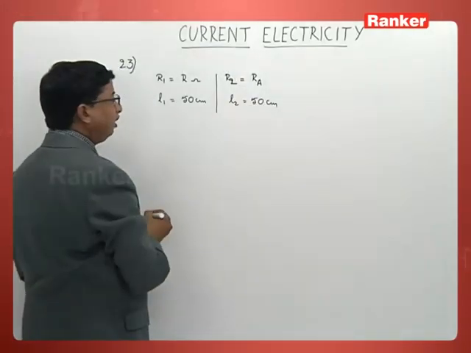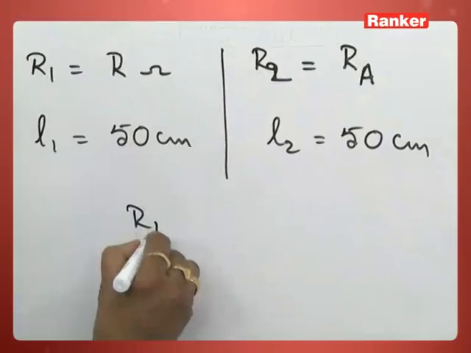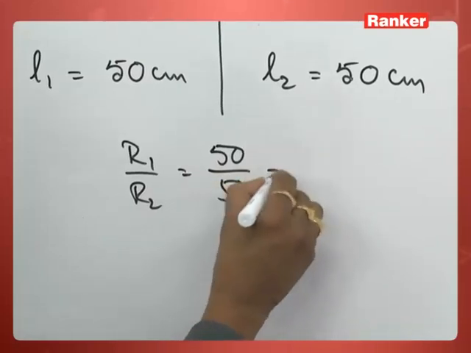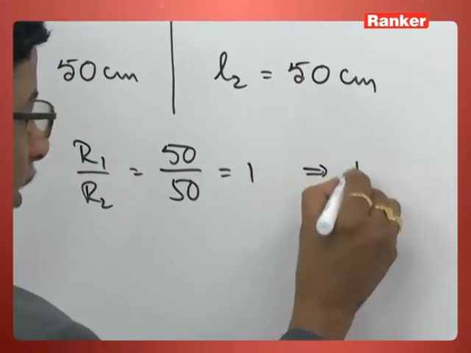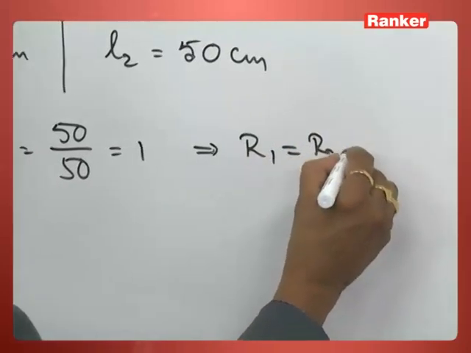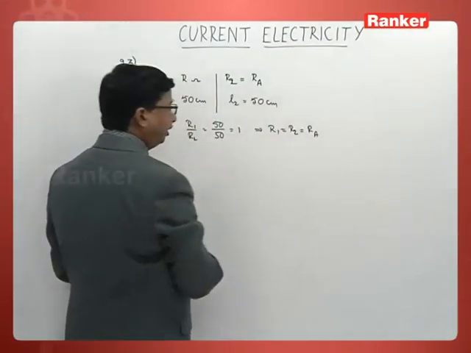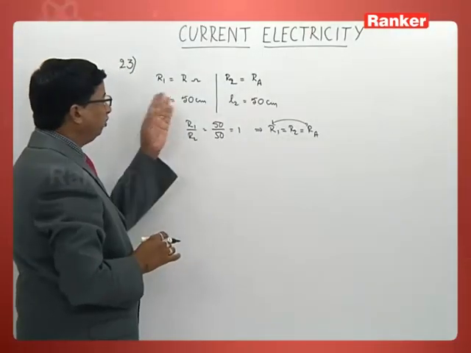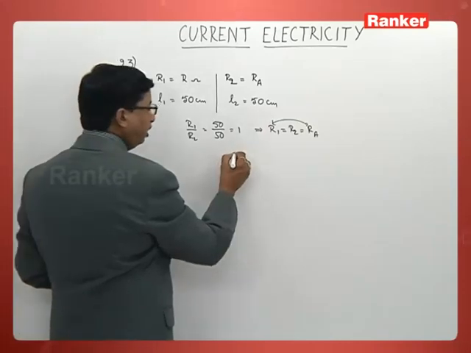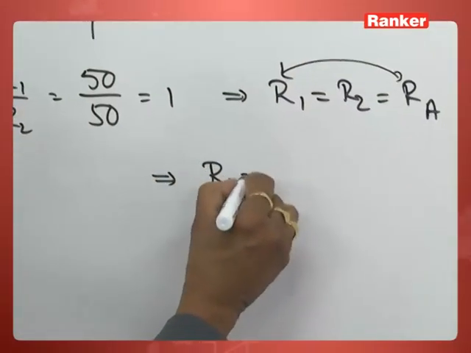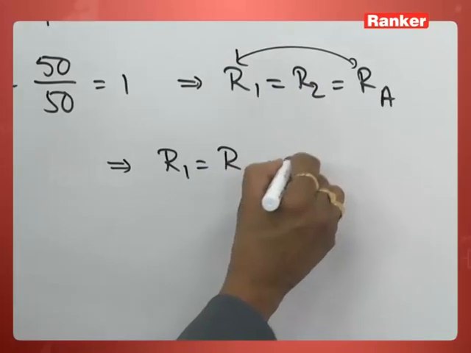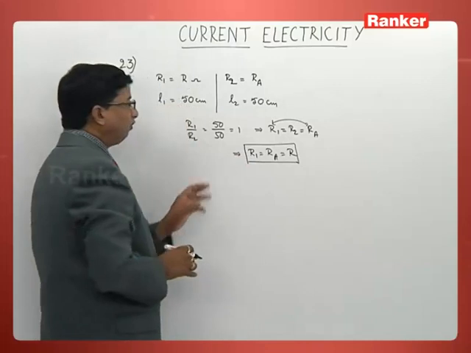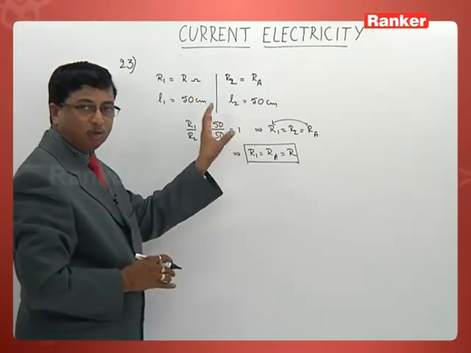Then R1 by R2 is now 50 by 50, which is 1. In other words, R1 is equal to R2 is equal to RA. That means the relation between R and RA is that they are both equal. So R1 is equal to RA is equal to R. That is what I can understand directly from the data provided in the problem.